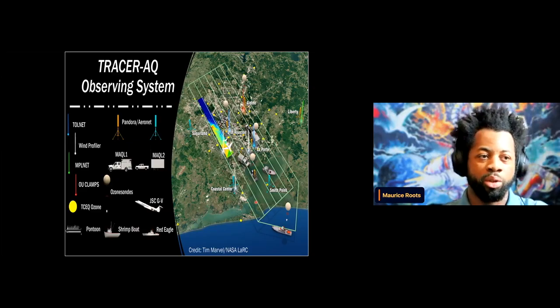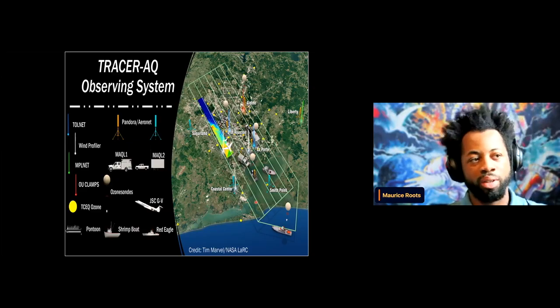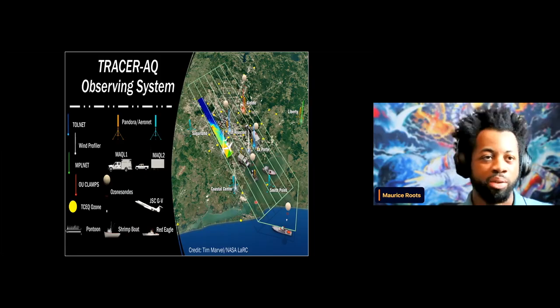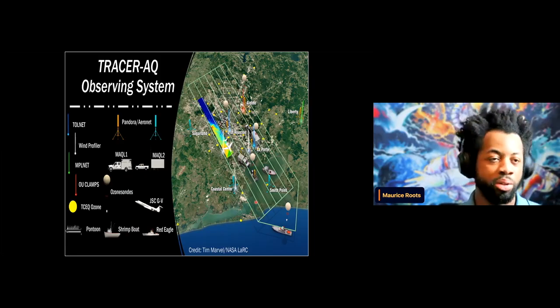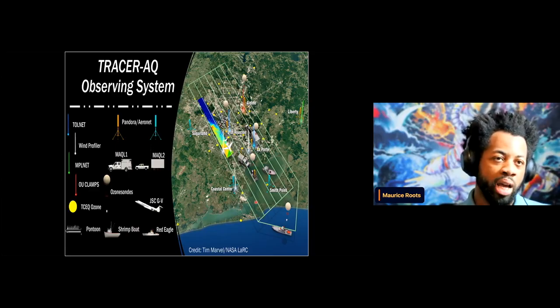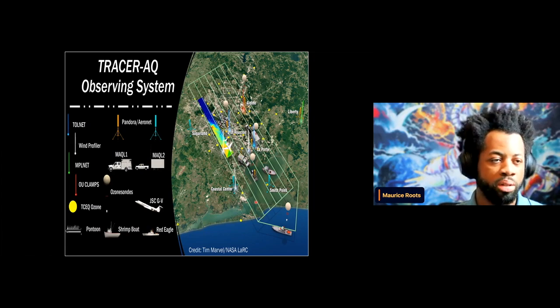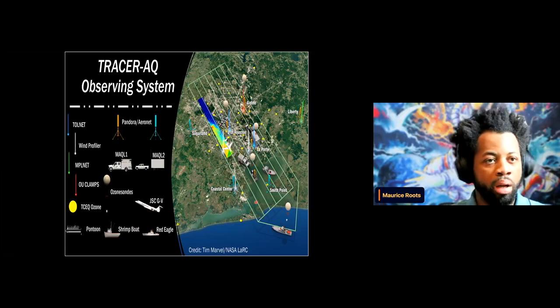We're trying to understand, with all of these different measurements put together that are measuring different things in different locations at different times and resolutions, how to create a data set that gives you the availability of tracking and answering these questions about spatial and temporal variability.